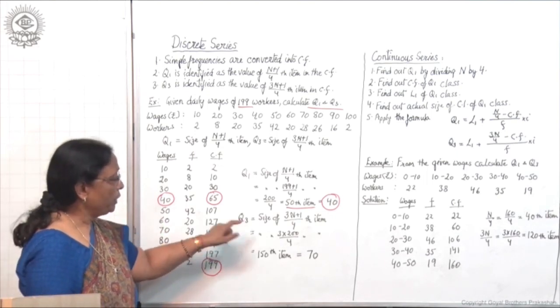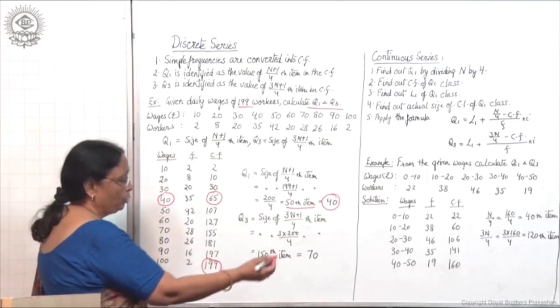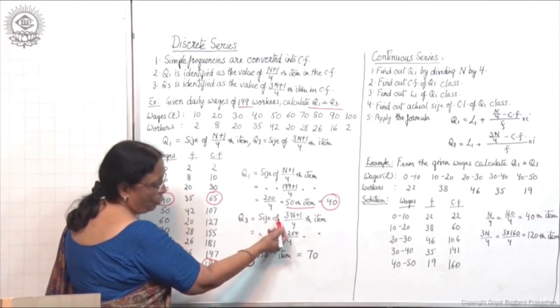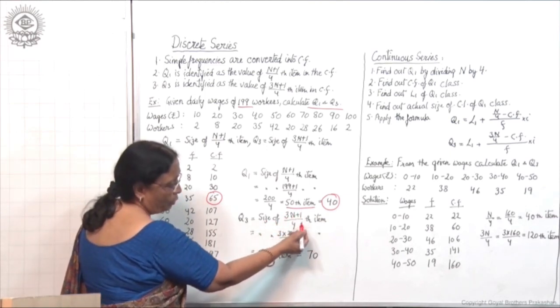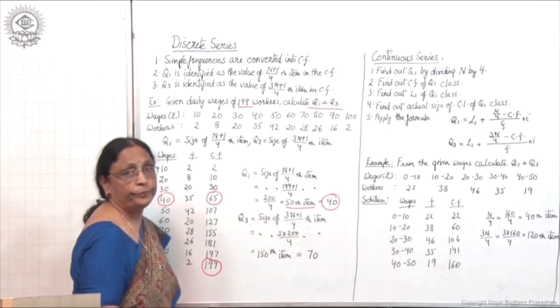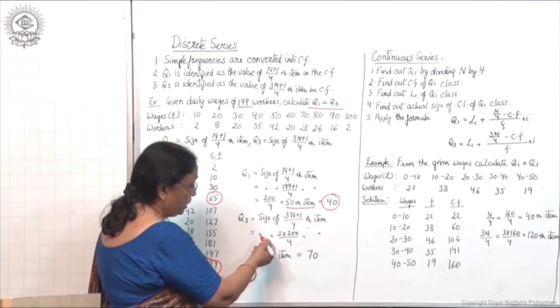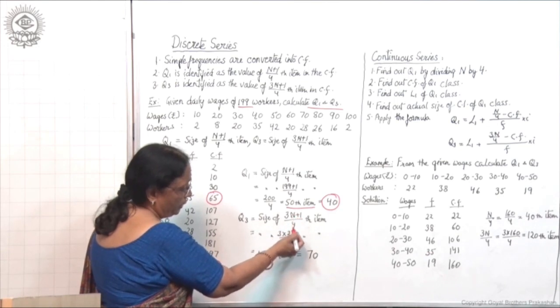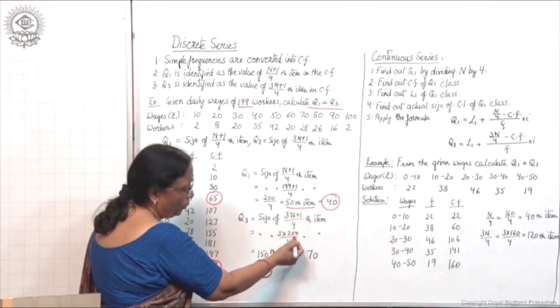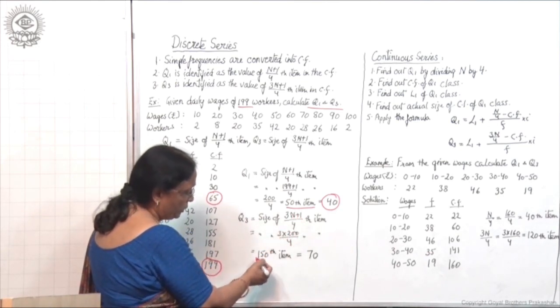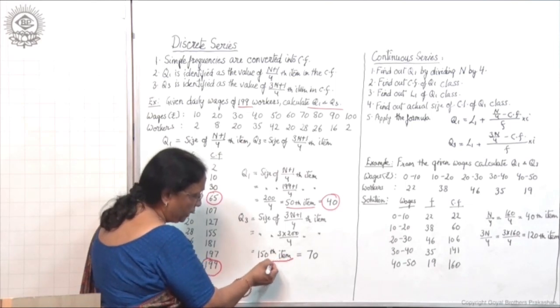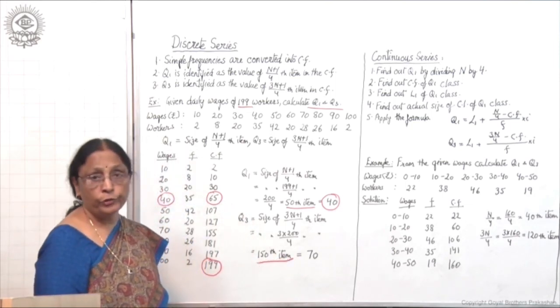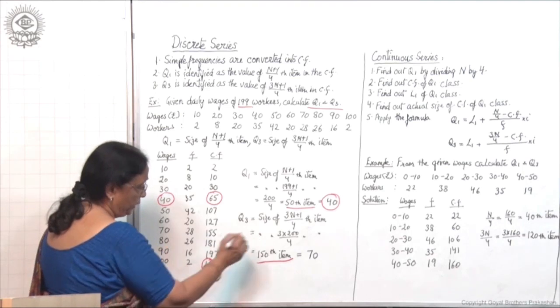Similarly, Q3 is calculated. Q3 is size of 3(n plus 1) upon 4th item, right. Size of 3 into 200, n plus 1 is 200, upon 4th item. This gives you the 150th item, not the Q3 but the 150th item.